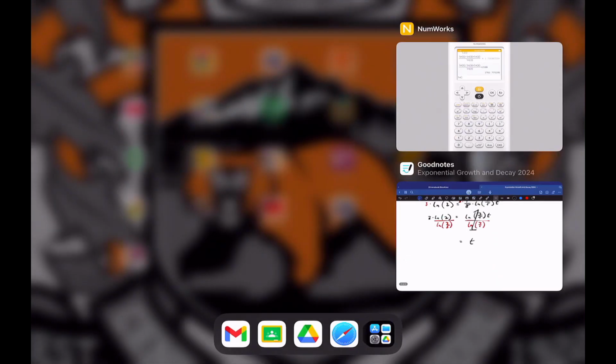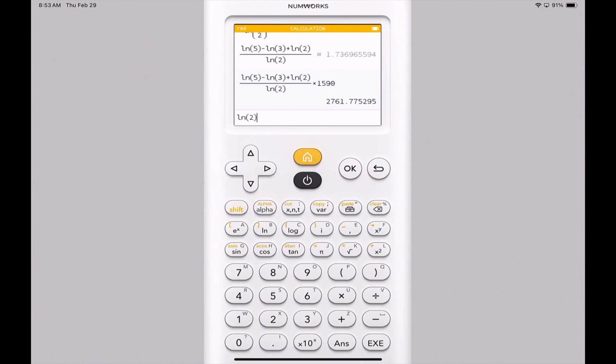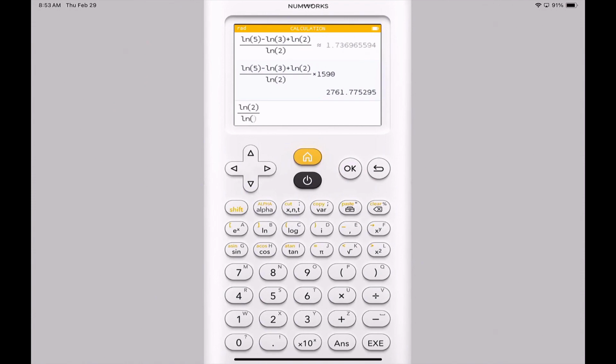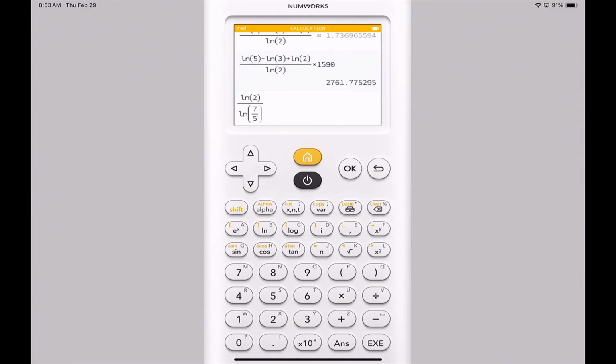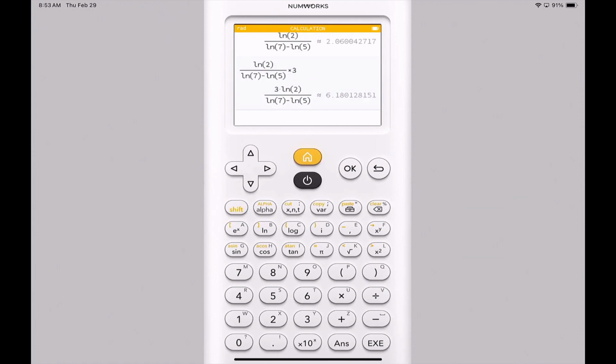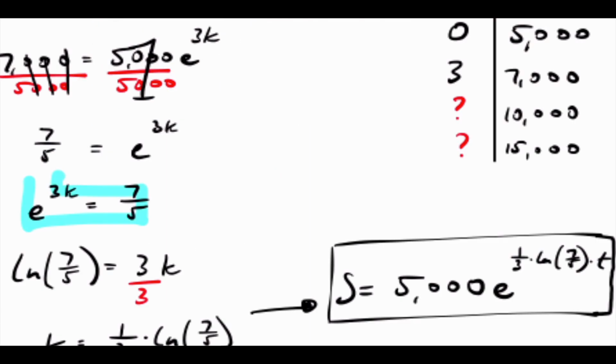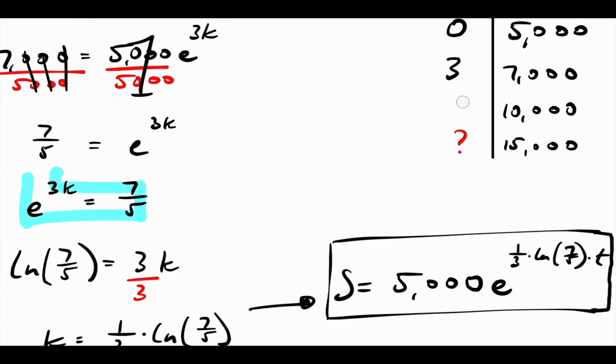Natural log of 2 divided by natural log of 7/5 times 3. 6.180. Okay, so let me go to the table and put that down. 6.180, a little more than 6 months.